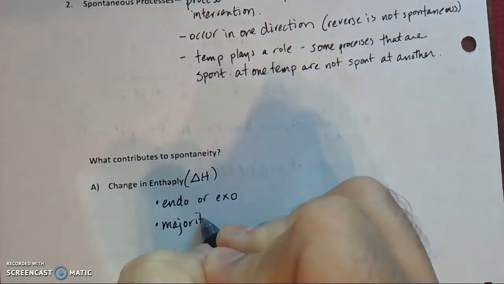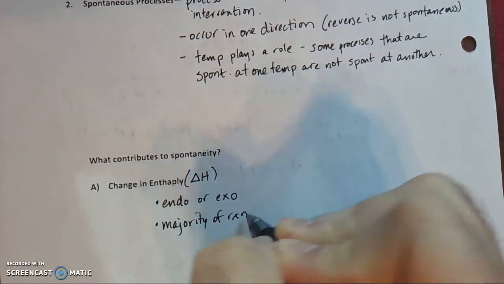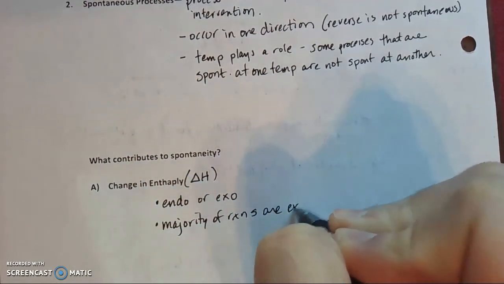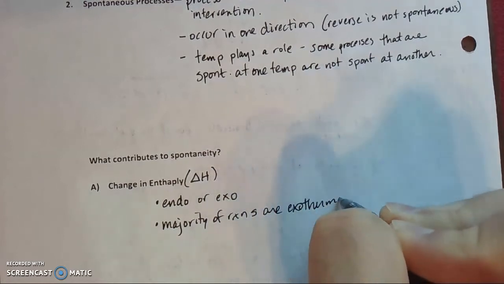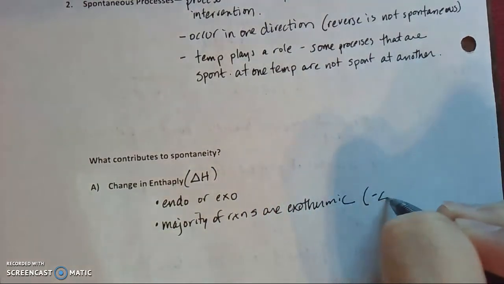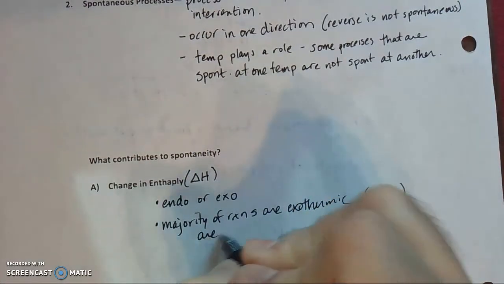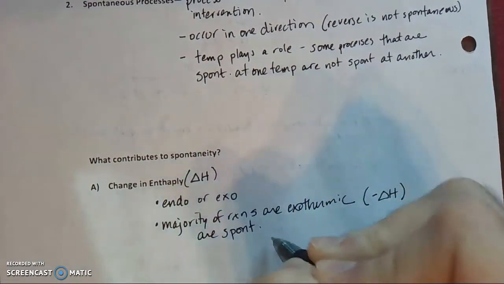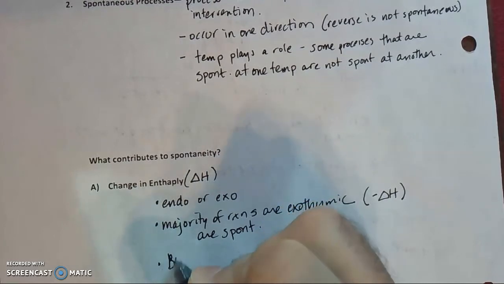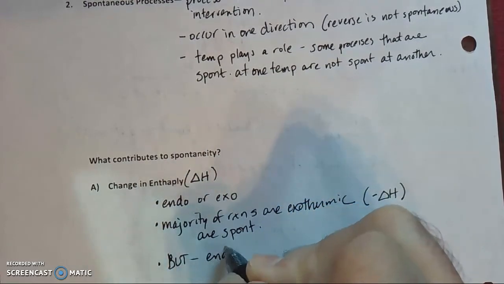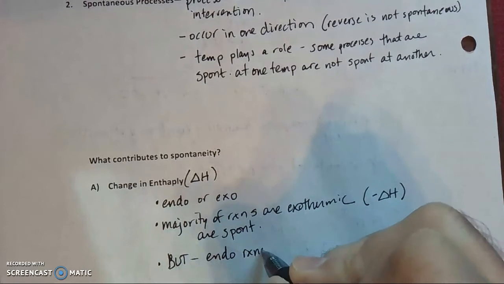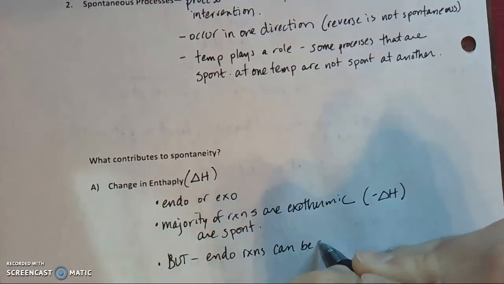The majority of reactions are exothermic, which means that they have a negative delta H. And the majority of these reactions that are exothermic are spontaneous. But endothermic reactions can be spontaneous.